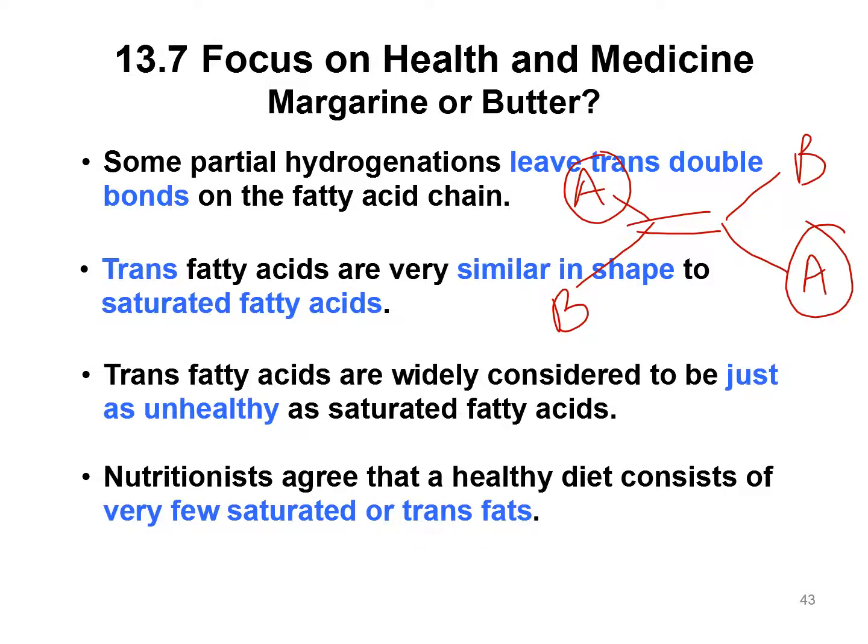And so nutritionists say butter as well as margarine are bad: butter only has single bonds, and so it's bad for you. Margarine, yes, it does have some double bonds, but it's still bad for you because the type of fats you're getting is trans fatty acids and not cis fatty acids, like what is naturally occurring in an oil.